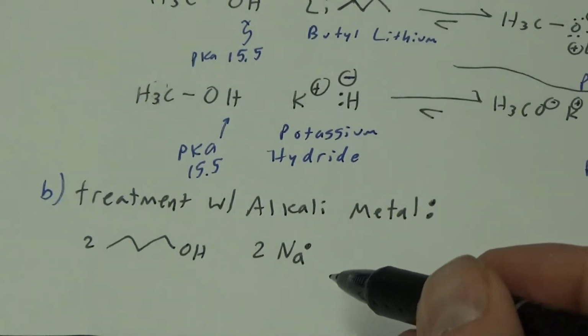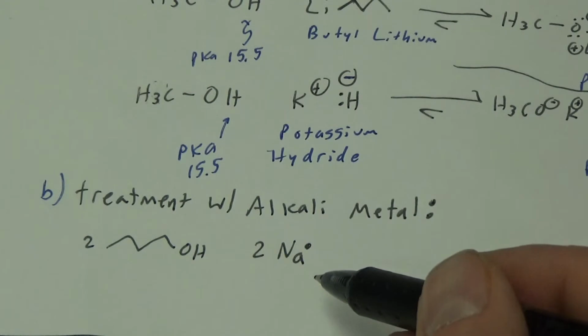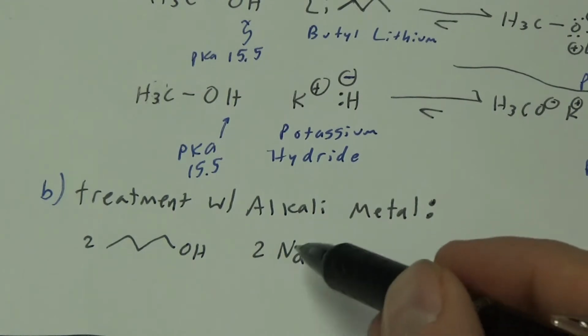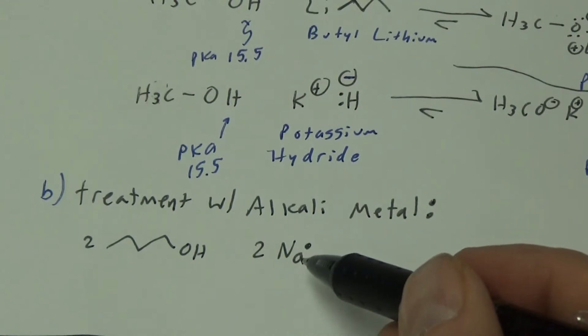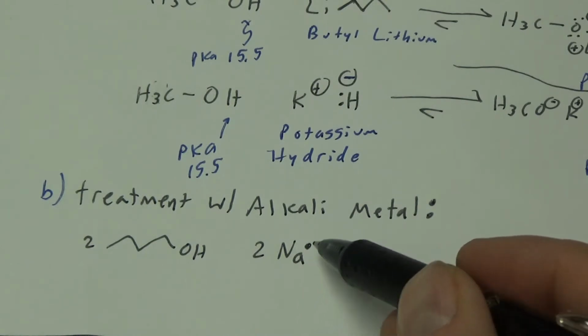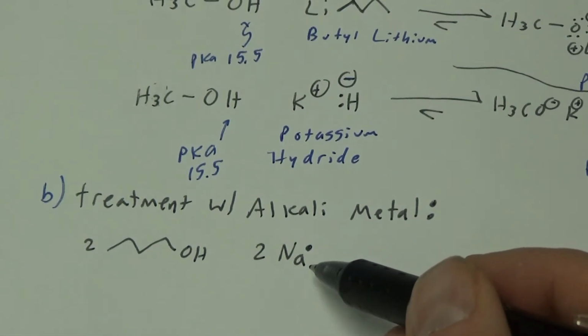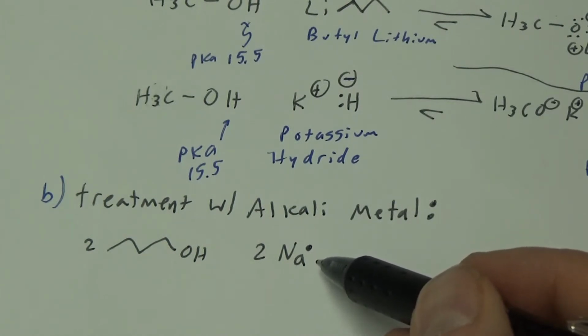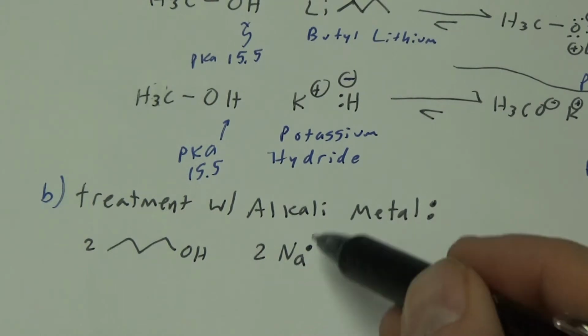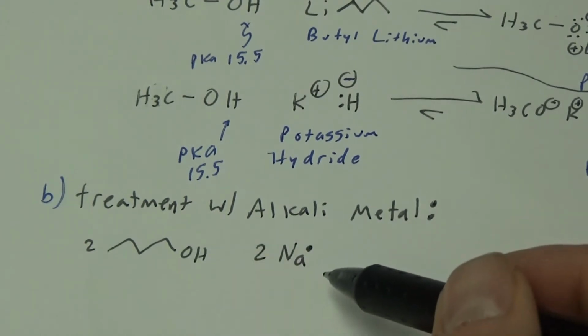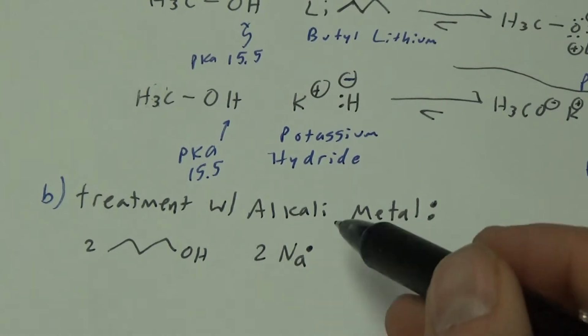I don't know if you've seen YouTube videos of what happens if you drop sodium into water, but the metal is especially reactive. This isn't the cation. This isn't like Na plus Cl minus. This is sodium metal, and it's exceptionally reactive, and when it reacts with water or alcohols, it's a redox reaction to form Na plus.